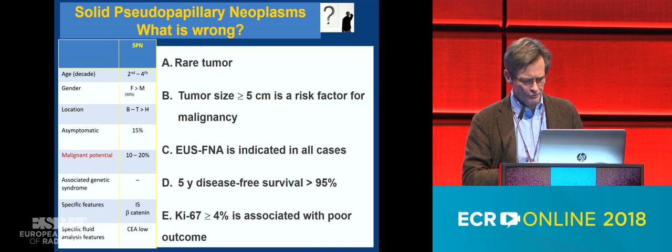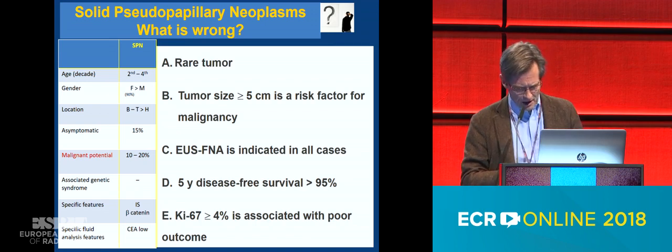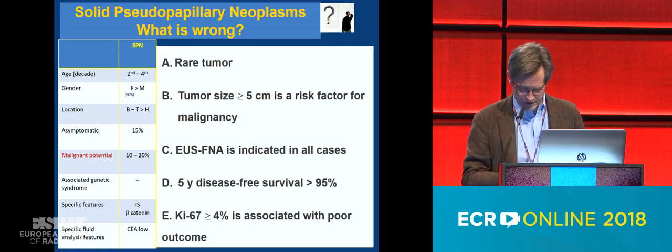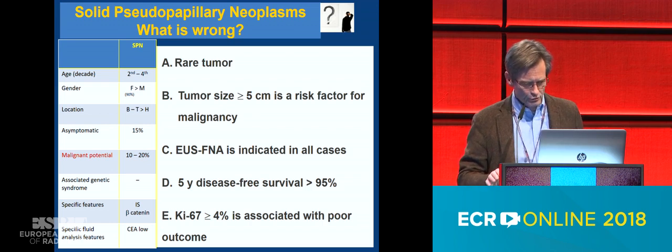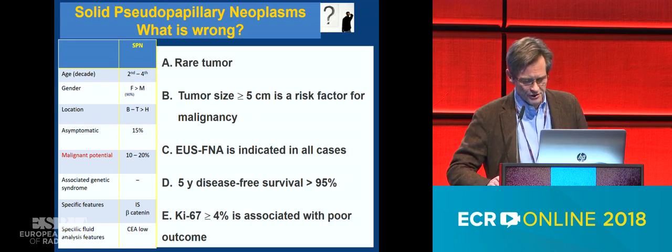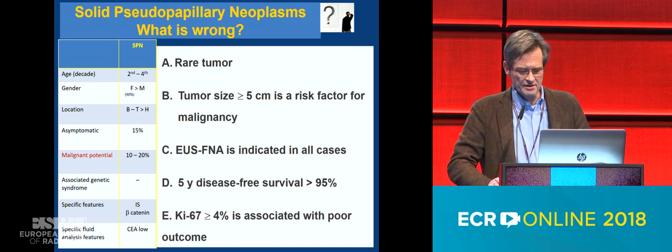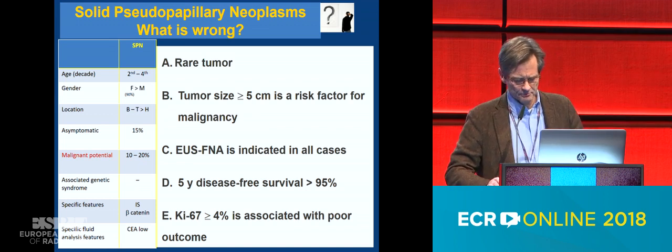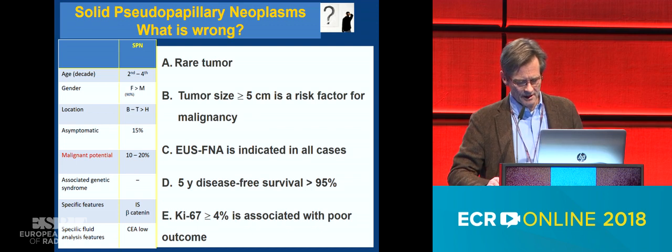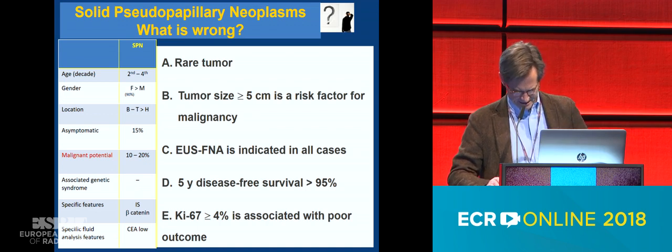I have another question for you. So among these 5 sentences, which one is wrong? Is this a rare tumor? Is the tumor size over 5 centimeters a risk factor for malignancy? Is US FNA indicated in all cases? Is the 5-year disease-free survival over 95%, or is the Ki-67 over 4% associated with poor outcome?